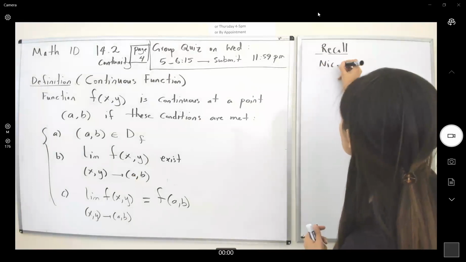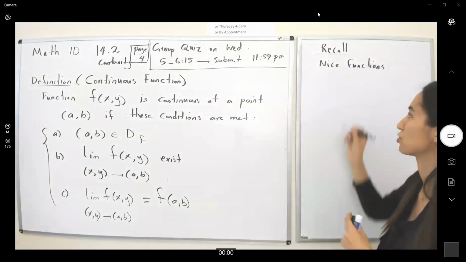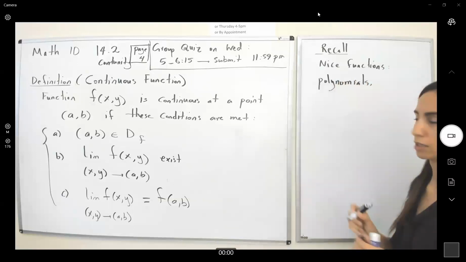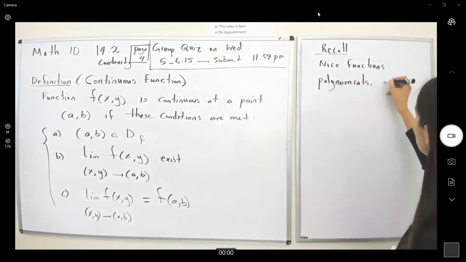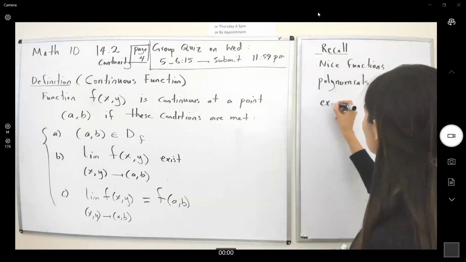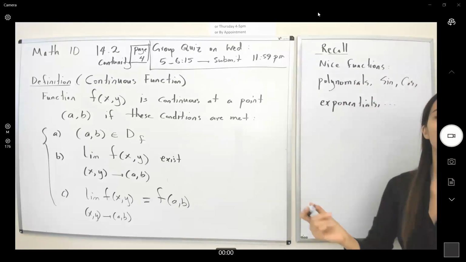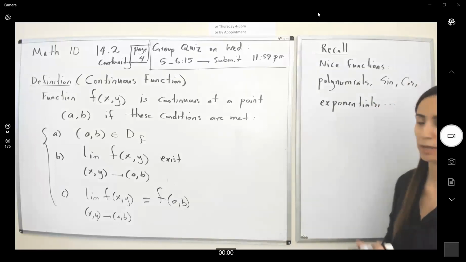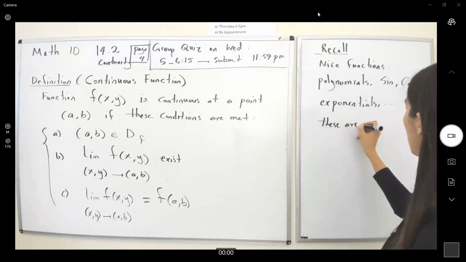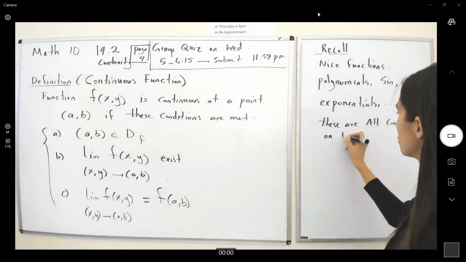Nice functions, like polynomial functions, sine function, cosine function, exponential functions and so on, they are continuous everywhere on their domain. These are all continuous on their domain.